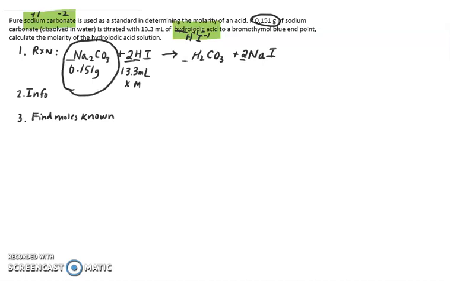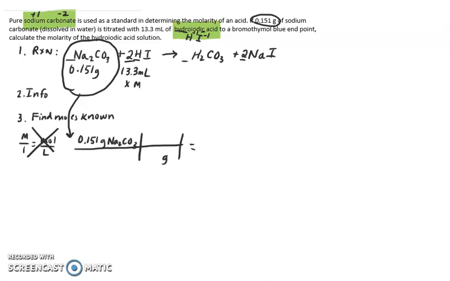Now in the last sample problem, we used this formula to find moles, right? We use molarity over 1 equals moles over liter to find moles. We're not going to use that here. We're going to use a different way of finding moles, and it's one we've been using since last semester. If I have 0.151 grams of sodium carbonate, I can find moles by doing a 1 bracket formula mass problem.